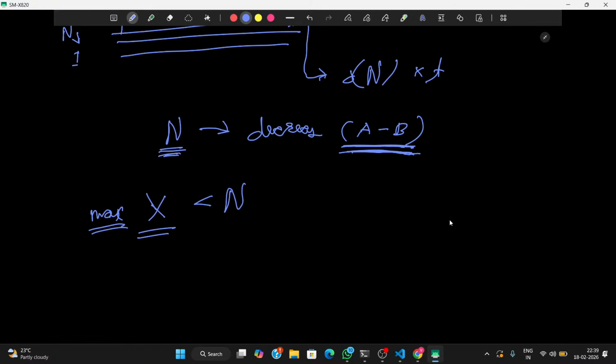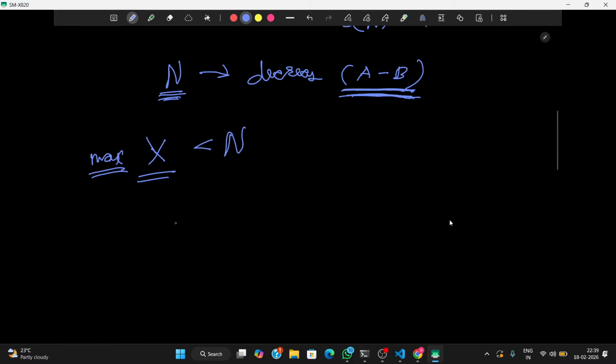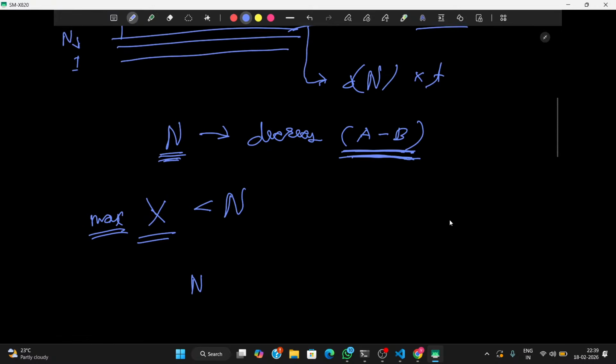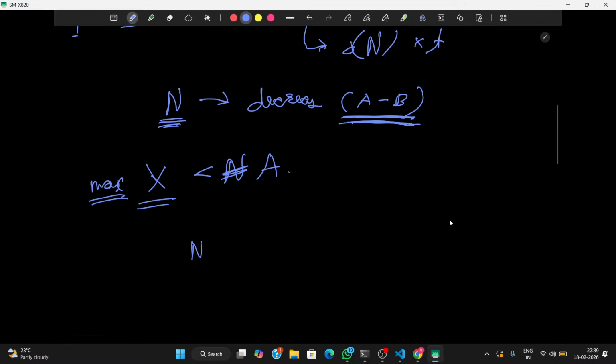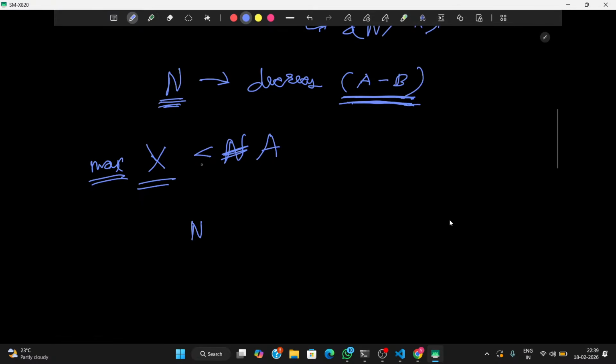To do that, first of all we will find a number y that is greater than or equal to a and gives the same remainder, and then we will simply decrease a minus b from it until we get x.